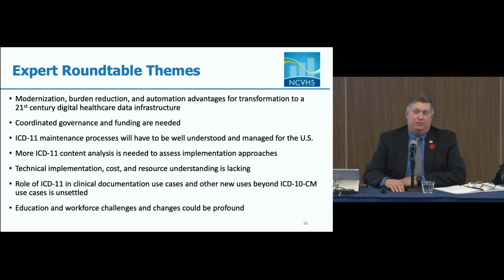There's going to still be a need for us to have a small number of optional extension codes that we would need for the US, and that also would be a part of the maintenance process, where that might give us some of the flexibility that we currently have with the CM. So all of those things together are how we could potentially achieve the full range of content that we want, not just matching 10 CM.